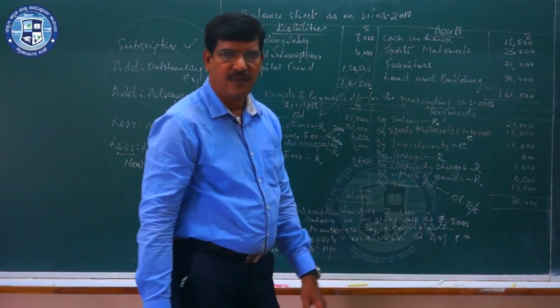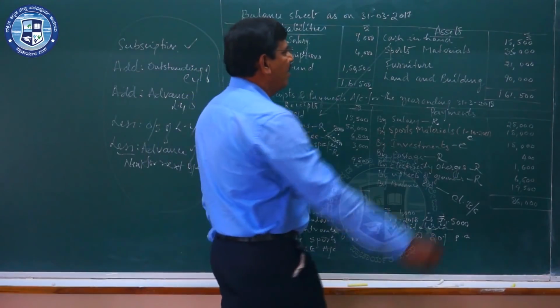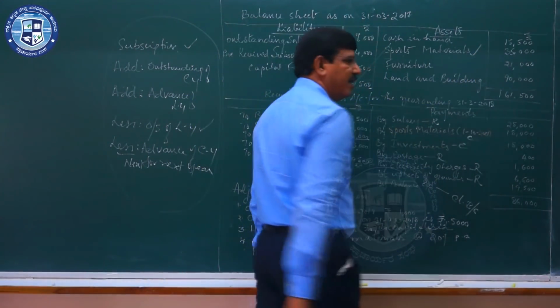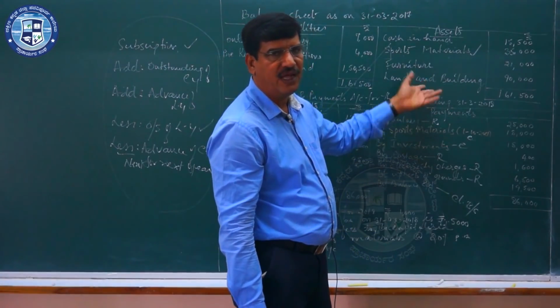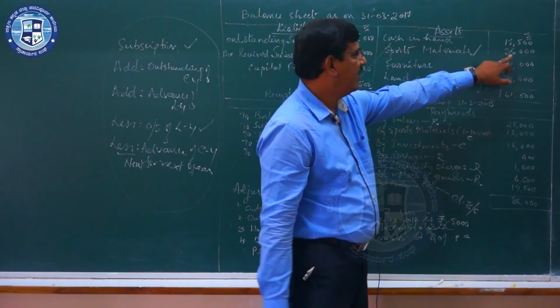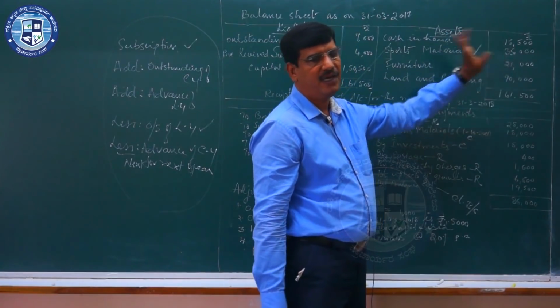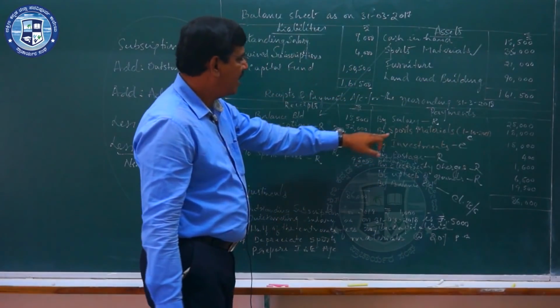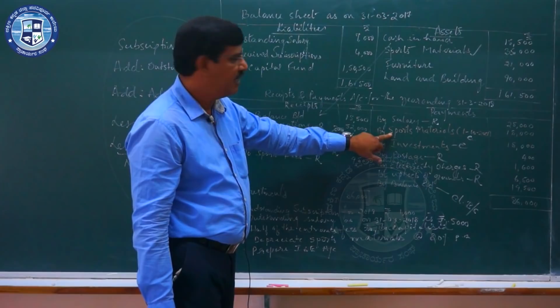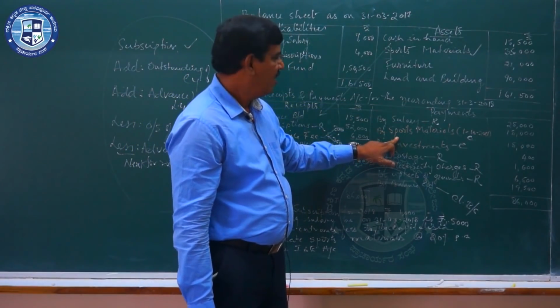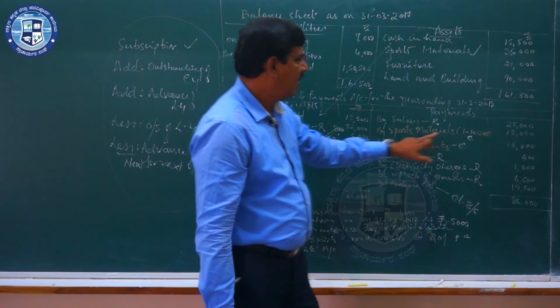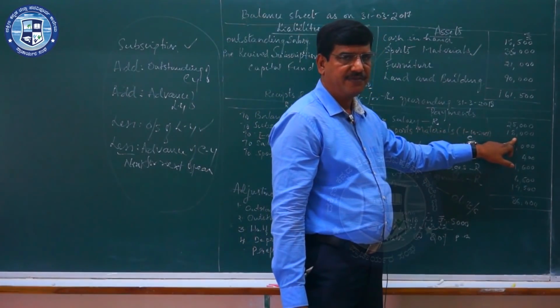While calculating the depreciation on sports material, you have to calculate depreciation for the entire year. 35,000 at 20% will be 7,000. And on the purchases made during the year, entered on the payment side of the receipts and payments account, this sports material of 18,000 is there.